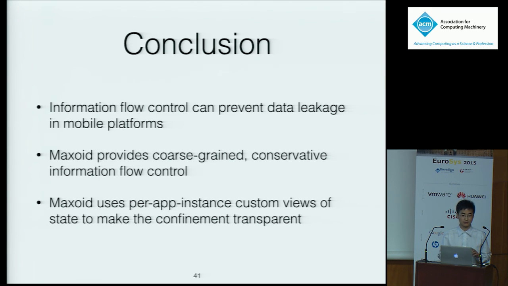So it's confined by the mount namespace, so it can't overwrite the original files. So the delegate is still running with its own UID, but cannot see anything inside the file system? You can still see everything, but if it's a write, the copy and write will happen to confine such updates, so that it can't leak data by writing out. Okay, thank you.